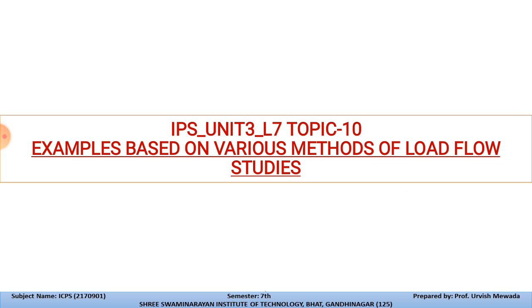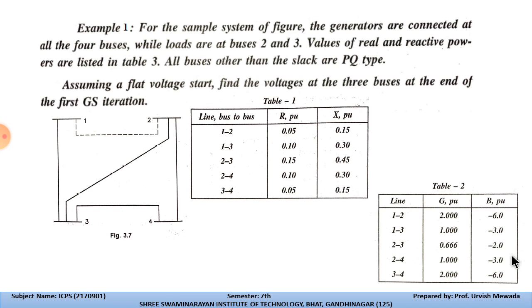And then we discussed the flow chart of the FDLF method, and the comparison of the DLF method and FDLF method with the NR method, which we already discussed in the last lecture. Now today we are going to discuss the examples based on the load flow study methods. So let us start with the first example, that is for the GS method.